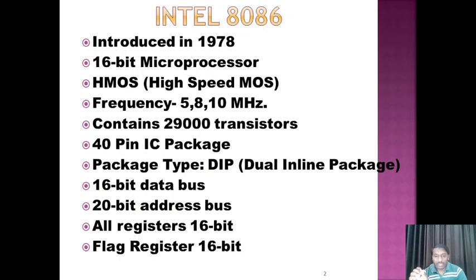Out of these 9 flags, 6 are conditional flags that depend upon the result of the previous instruction carried out by the ALU, while the remaining 3 flags are control flags that are used by the user. The values of these 3 flags depend upon the user.